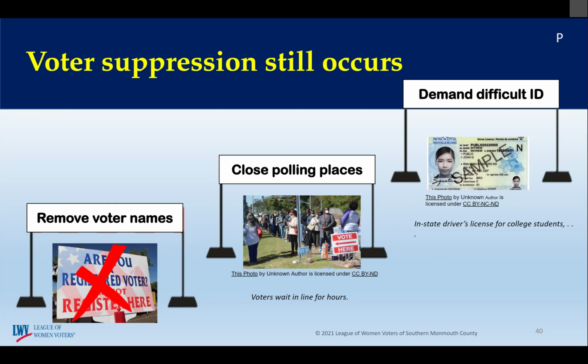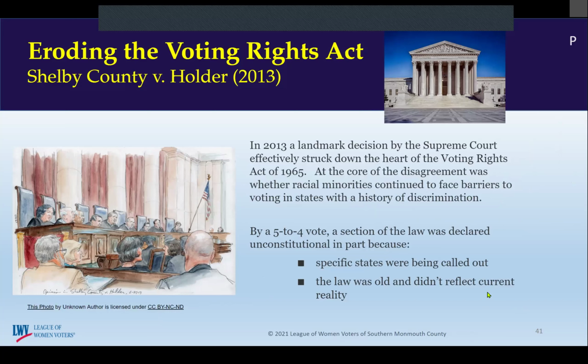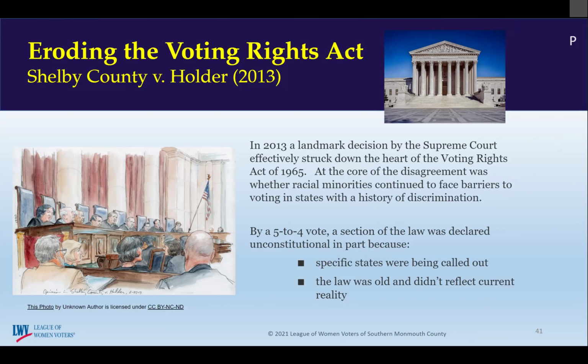We also had Shelby County versus Holder, which eroded the Voting Rights Act. Remember I said the Civil Rights and the Voting Rights Acts were laws and not amendments to the Constitution. Well, laws are much easier to change than amendments are. So there was a challenge to it against Eric Holder, who was the Attorney General at that time.